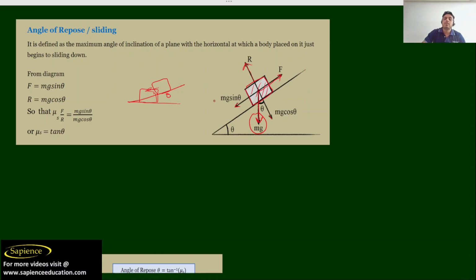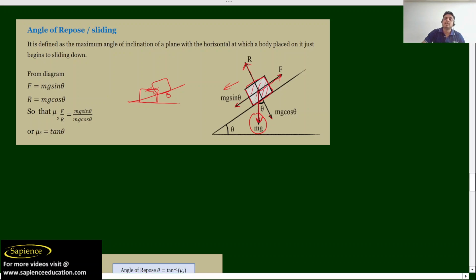Now what happens when it starts coming down? Frictional force will act, yes or no? So frictional force will act in the upward direction. Why? Because the body is going to move in a downward direction, and frictional force is opposing in nature, so it will act in an upward direction.